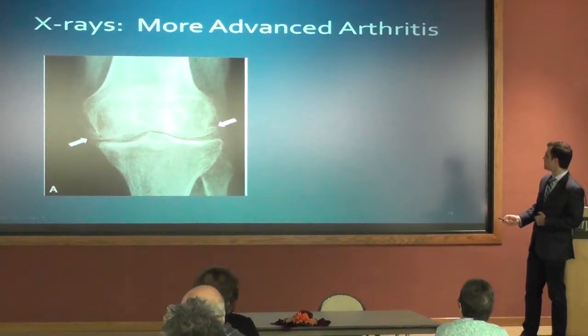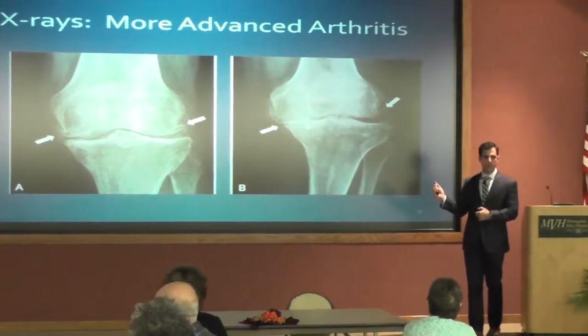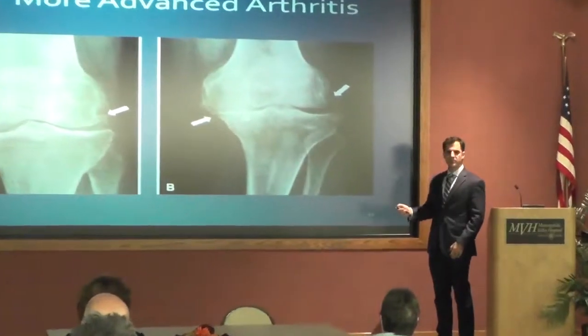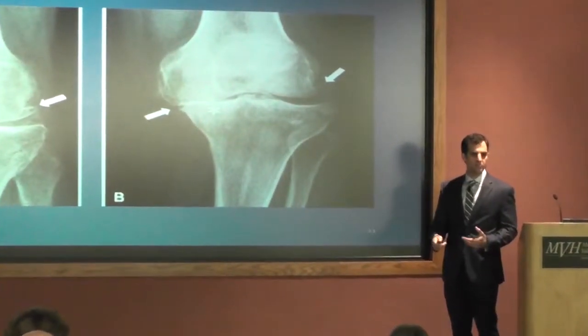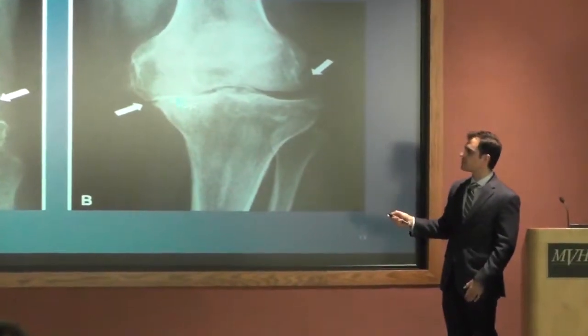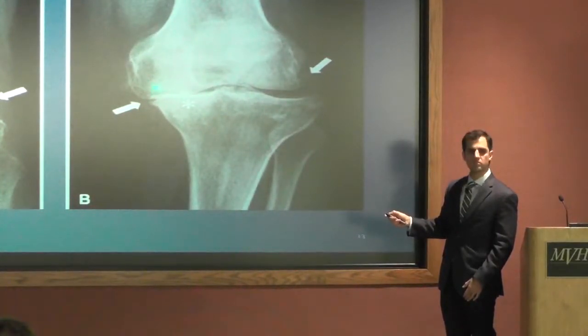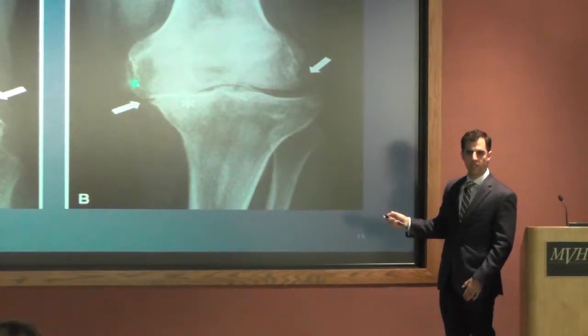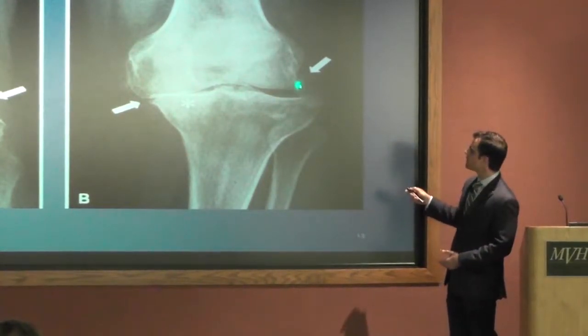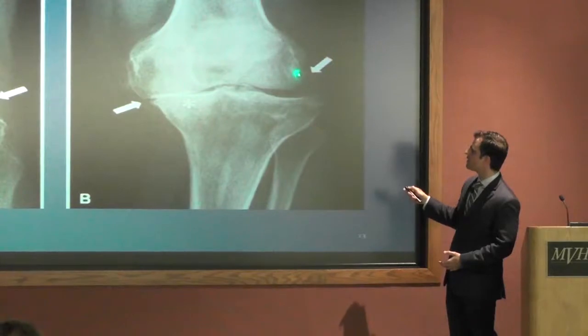Okay? And then this is severe arthritis. Okay? When a doctor or a provider says bone on bone, they're talking about this. See that? The joint, the space between the bones is gone. The bones are touching each other at this point. The cartilage is gone. You can see the spacing looks okay here. There's a bone spur right here.